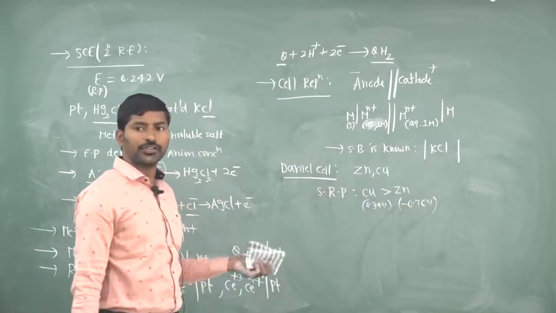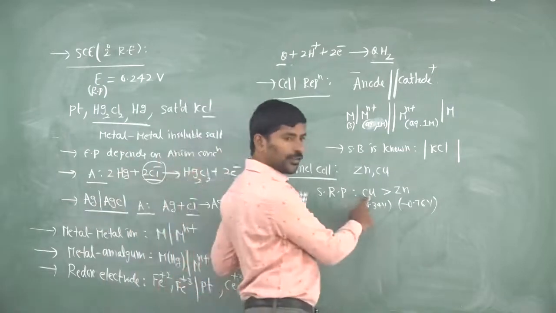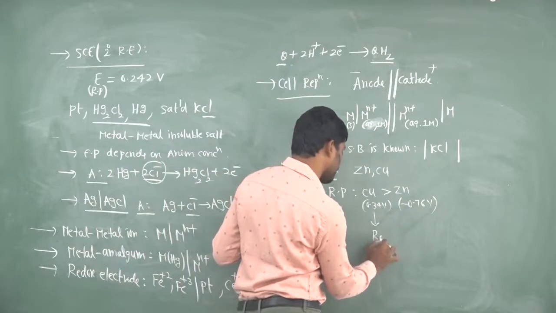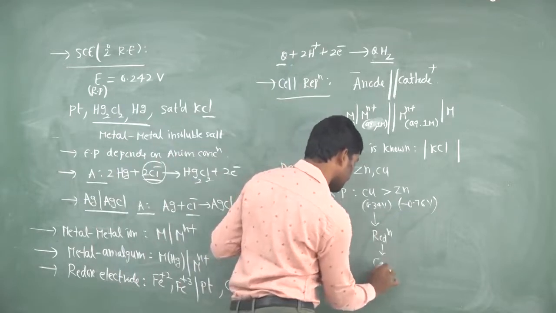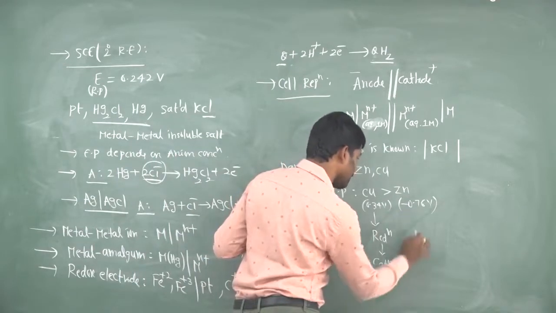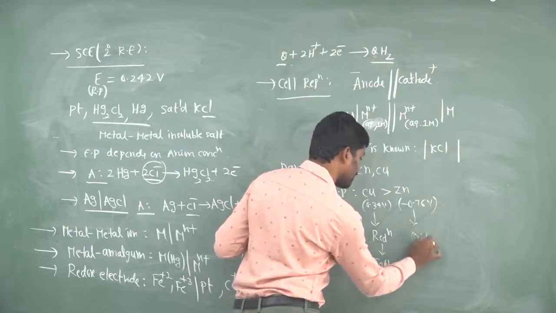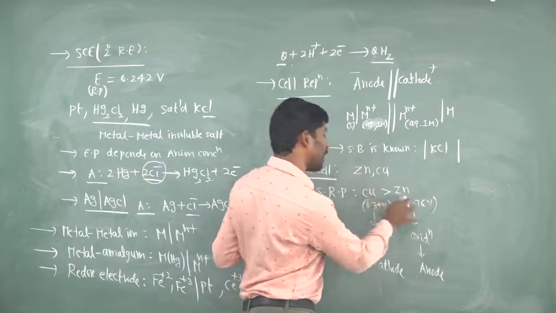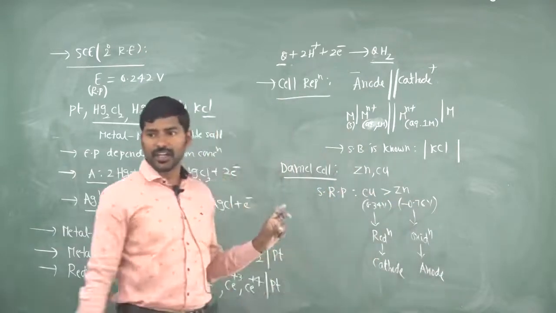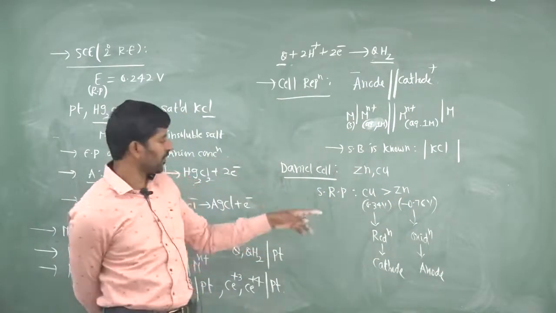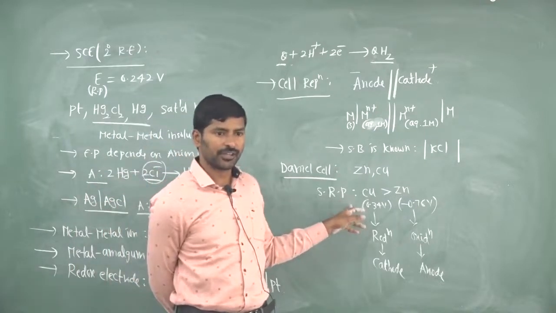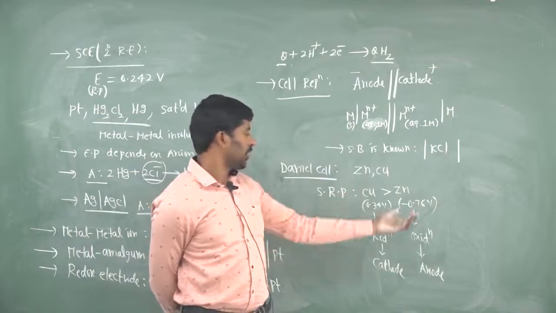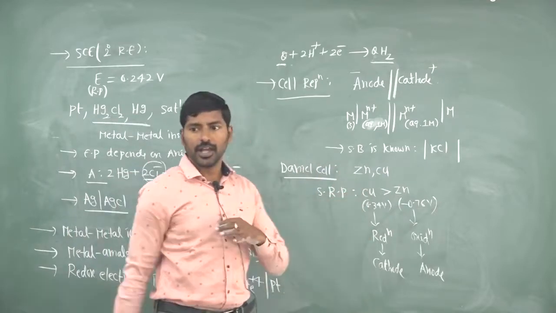So copper undergoes reduction and acts as cathode. Zinc undergoes oxidation, that means it acts as anode. If you combine two electrodes, which acts as anode and which as cathode, we decide based on their reduction potentials. The electrode whose reduction potential is high acts as cathode, and the one whose reduction potential is small acts as anode.